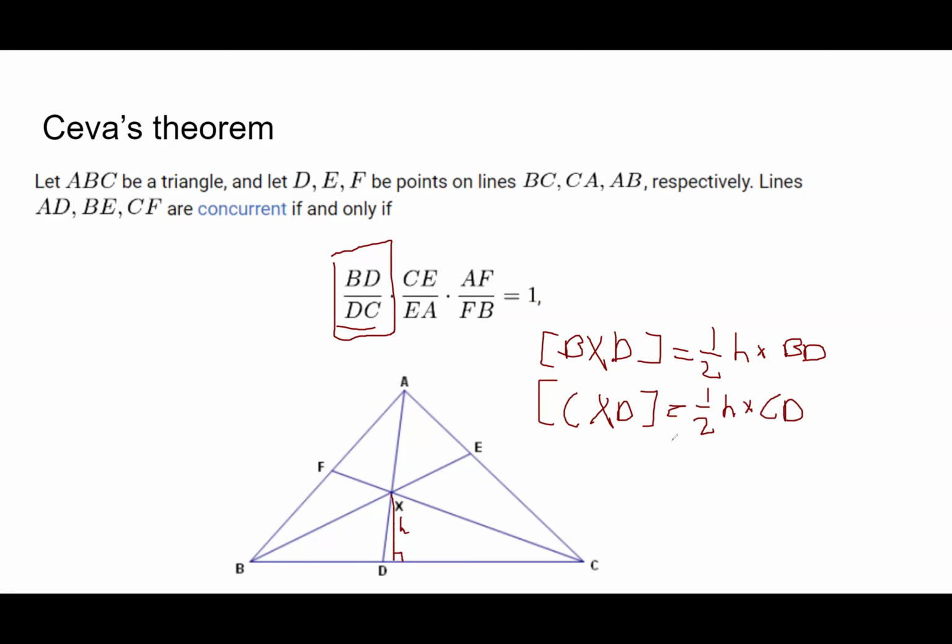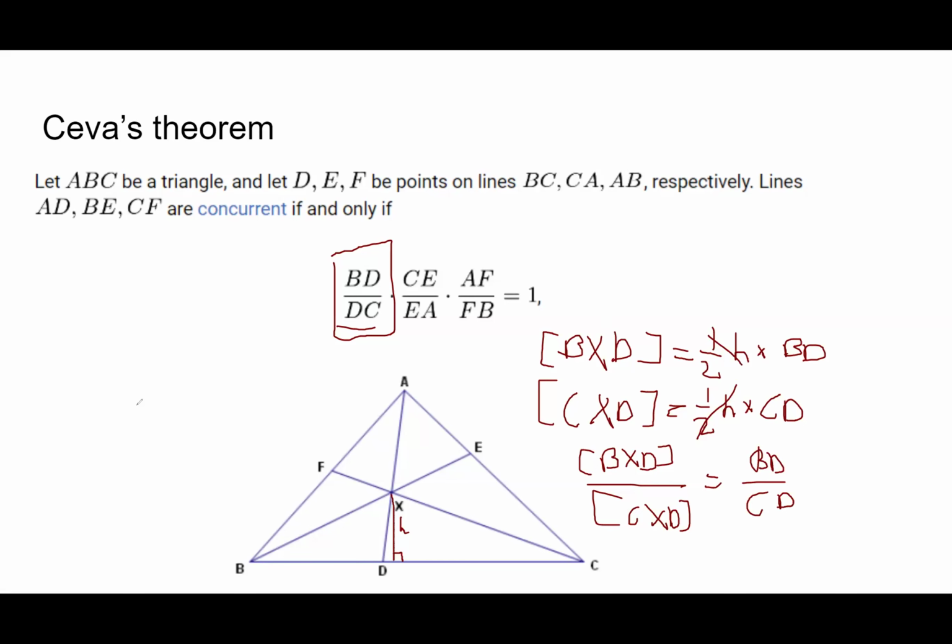If we divide these equations by each other, the area of BXD over the area of CXD is equal to half H times BD over half H times CD. These cancel out, so you get BD over CD.